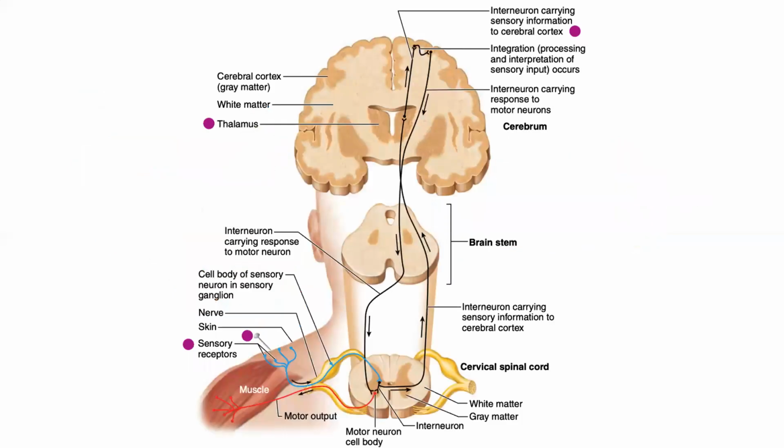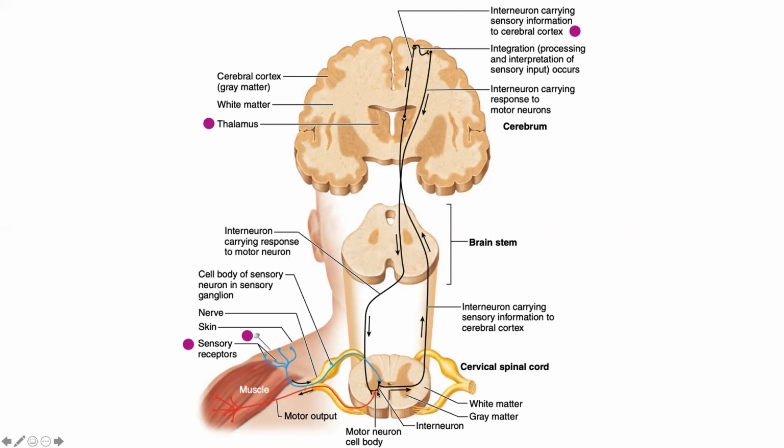And now if we look at this more complex diagram, we have a stimulus, which is a pinprick on the shoulder. This pinprick will be picked up by the sensory receptors, and from the sensory receptors the sensory neuron will carry the information into the dorsal root of the spinal cord.